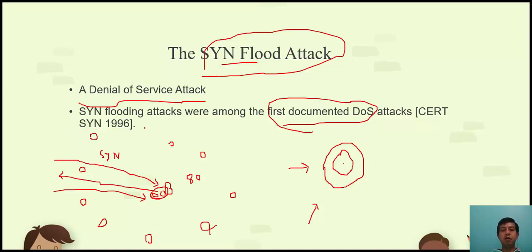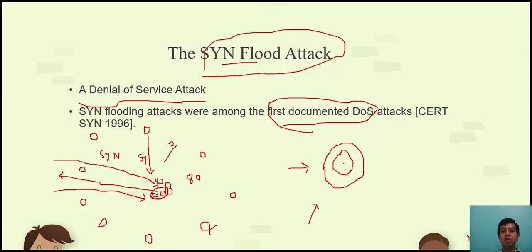So at this specific time, they all sent a request, a SYN packet, to this particular web server. So many machines coordinated among themselves and sent a SYN packet to this web server. Now every time it receives a SYN packet, it will allocate buffers.